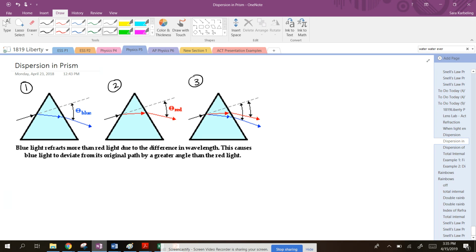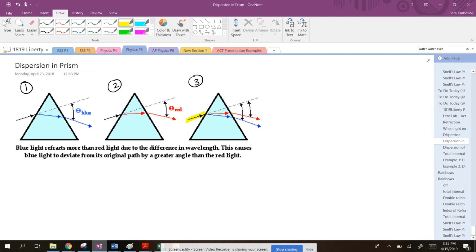Now, this prism is interesting and a little bit different from just a regular piece of glass like a window, because you can see that this white light that comes in, I'm going to highlight it with yellow just so you can identify what's going on. This white light, and remember, white is the combination of all the colors, is separating out a little bit when it goes into the glass.